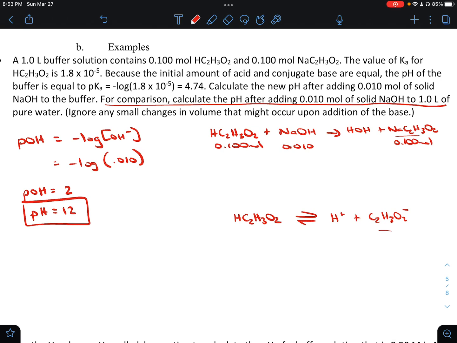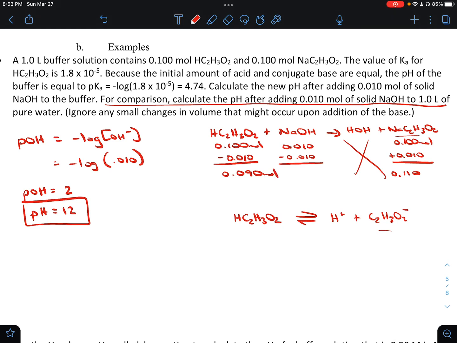According to stoichiometry, we're going to use up all of the 0.010, which means we're going to add 0.010 on the product side, giving us 0.110. Water we don't care about. And then we only subtract 0.010, which gives us 0.090.